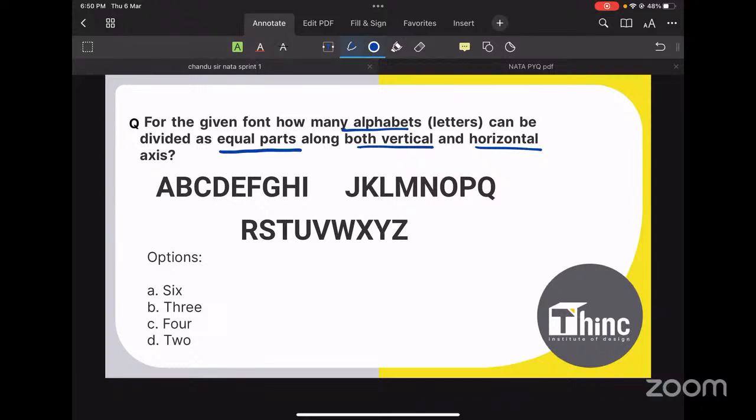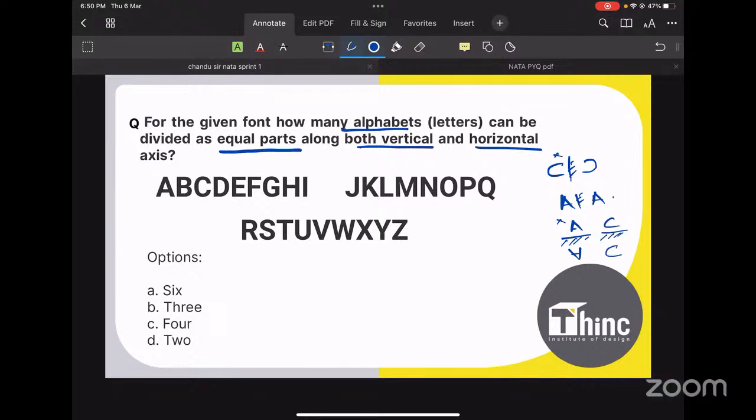For example, English alphabet C is not vertically symmetric, so it will be reflected something like this. But English alphabet A is vertically symmetric, so it will reflect exactly like A. Here the reflections are not asked. Similarly for horizontal symmetry, English alphabet A is not horizontally symmetric, but English alphabet C is horizontally symmetric, so it will be reflected exactly the same.